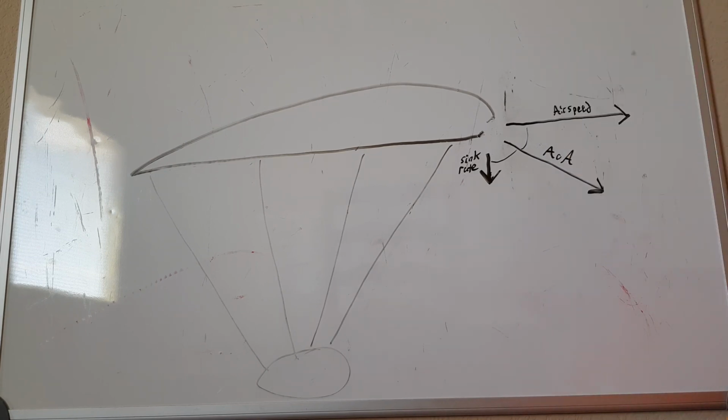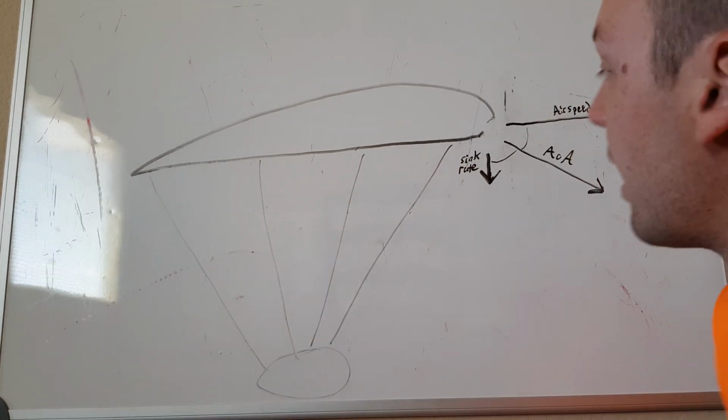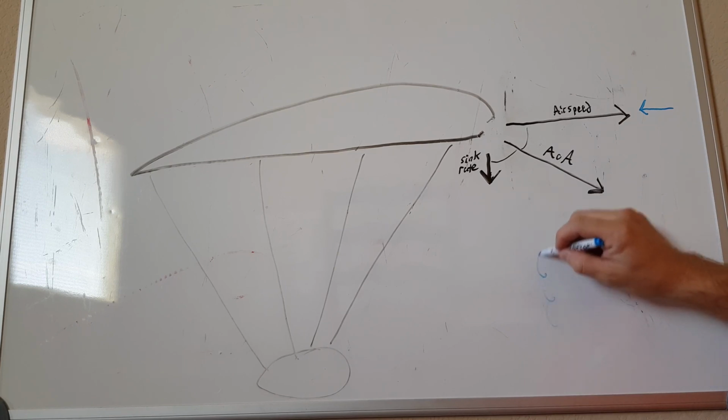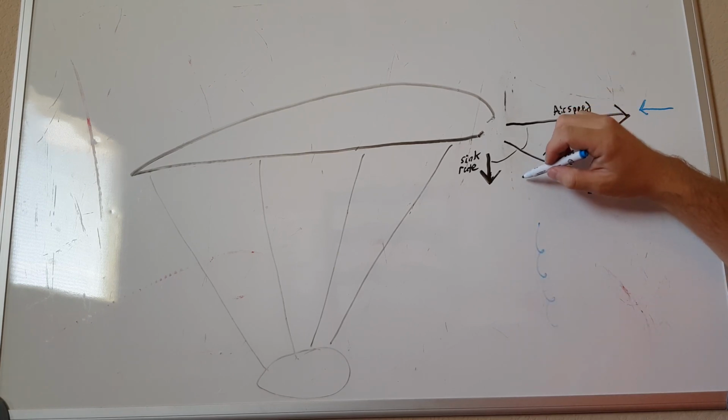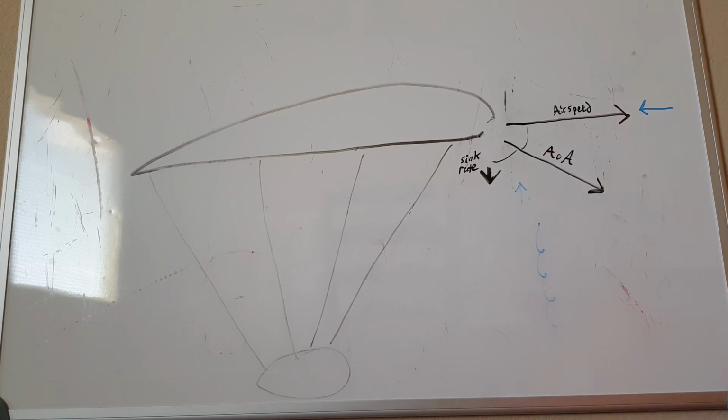The relative wind before, when we were flying through smooth air, was always coming from this direction. But now when there's a thermal coming up from here, we get some additional lift, and our angle of attack is now steeper.